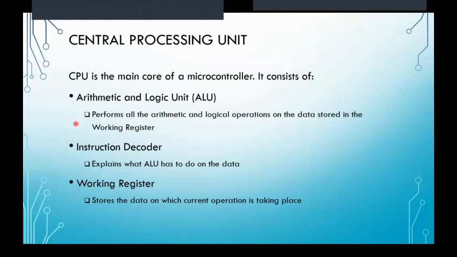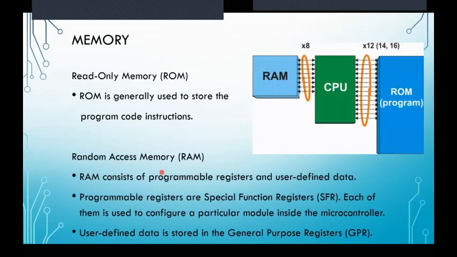So data must be first stored in the working register. So working register stores the data on which the current operation is taking place, and you also have an instruction decoder, which explains what the ALU has to do on the data, or the process that must be carried out on the data.